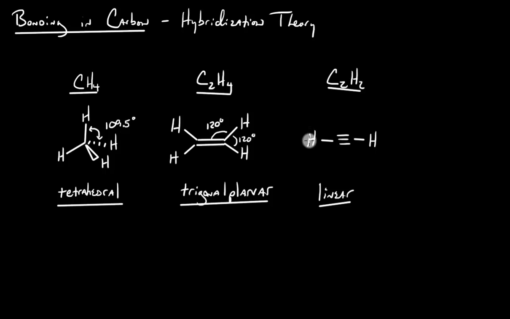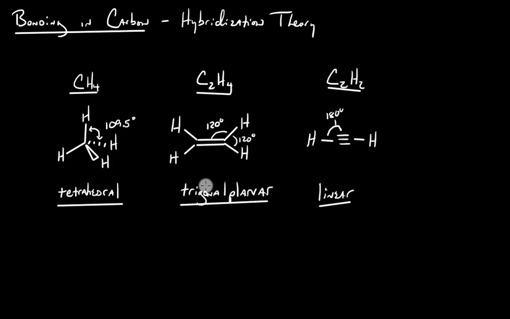The angle between this hydrogen and this carbon is 180 degrees. So this is another angle you need to remember. We'll use these later on as well. For this linear geometry, the bonding that you would normally associate with it is this triple bond: 1, 2, 3 bonds between this carbon and this carbon.